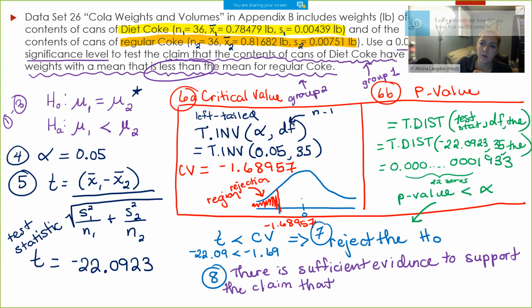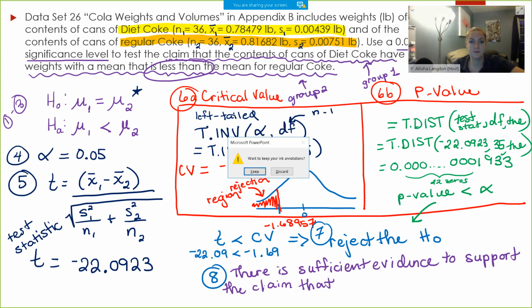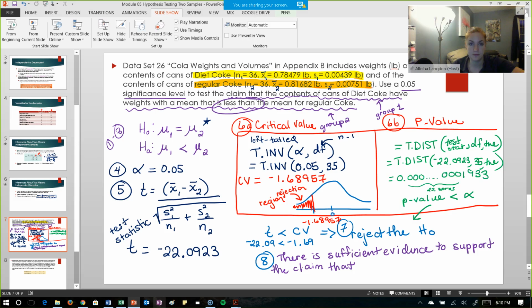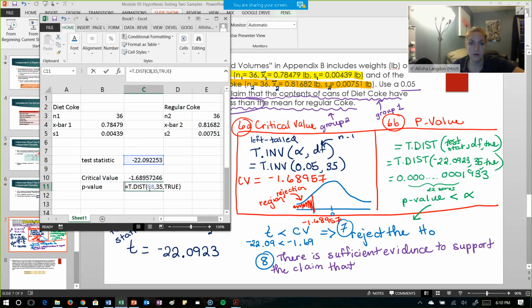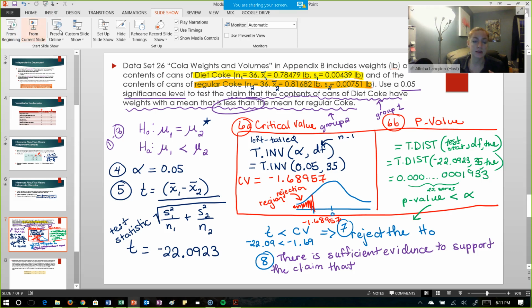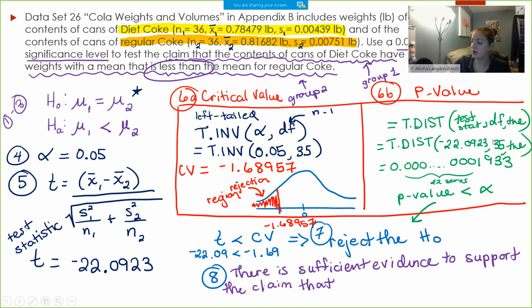Whenever you have that E in there, that signifies scientific notation. We would really write this out as, let me write it out here, 1.933 times 10 to the negative 22nd.